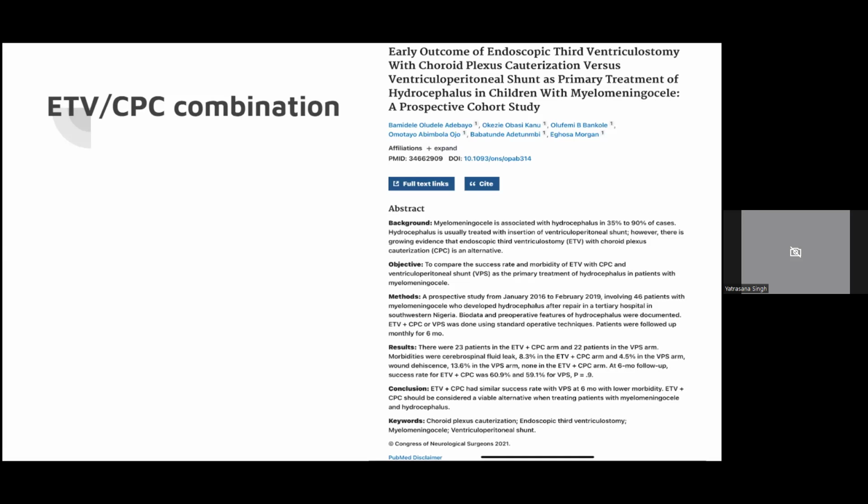In his conclusion, he stated that the endoscopic third ventriculostomy, together with the choroid plexus coagulation, actually had similar success rates with ventriculoperitoneal shunts at 6 months with a lower morbidity. So it could be considered a viable alternative when treating patients with myelomeningocele and hydrocephalus.